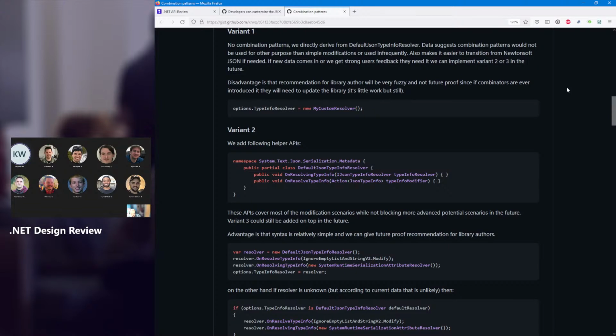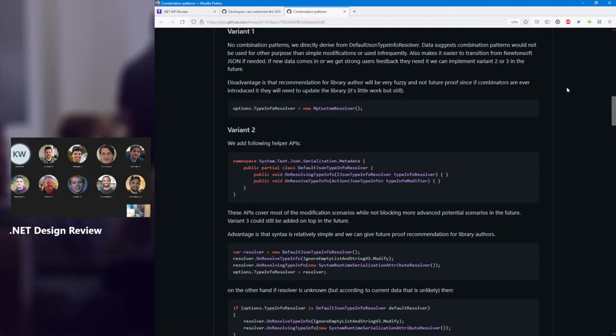So it's between choosing how much flexibility we want to give to users, and you have to look at the examples of how variant 2 and variant 3 would be used. I've seen variant 2 is probably something similar to what they would do with Newtonsoft JSON.